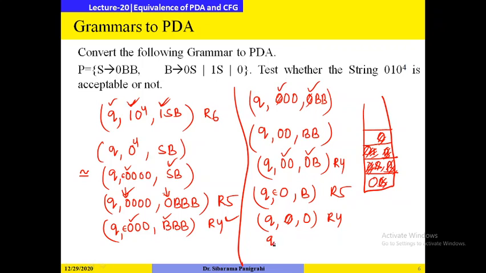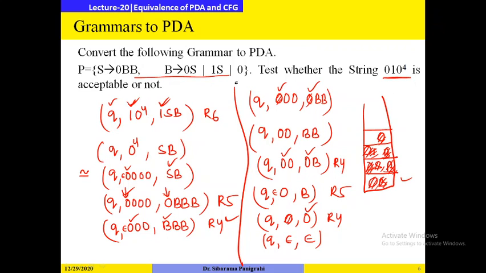Now you have Q epsilon, and this symbol will be erased, so you get epsilon. Now you see your stack is empty. Your stack is empty means this string 010 to the power 4 is accepted by this PDA.